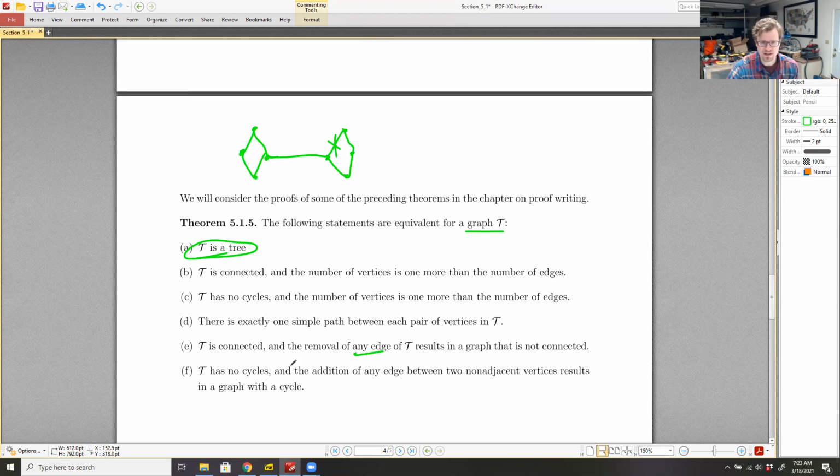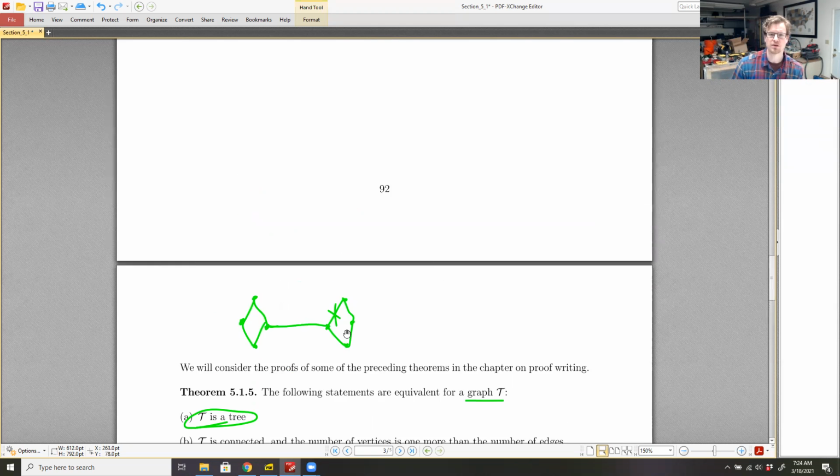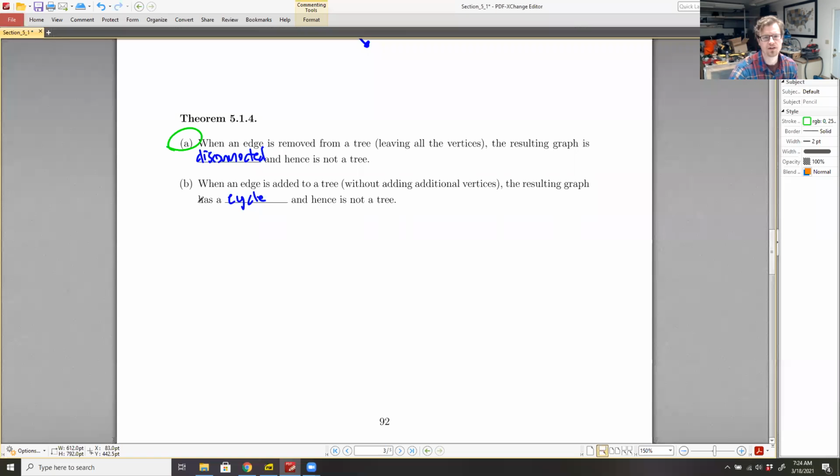So if the graph has no cycles and the addition of an edge between any non-adjacent vertices results in a graph with a cycle. That's saying here, if it has no cycles to begin with and this additional condition is satisfied, then that is sufficient to know that it's a tree.